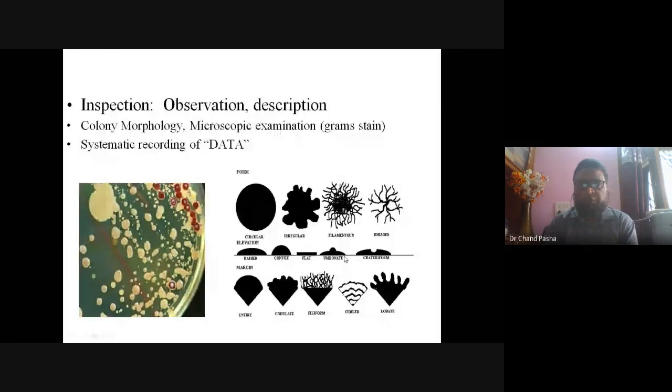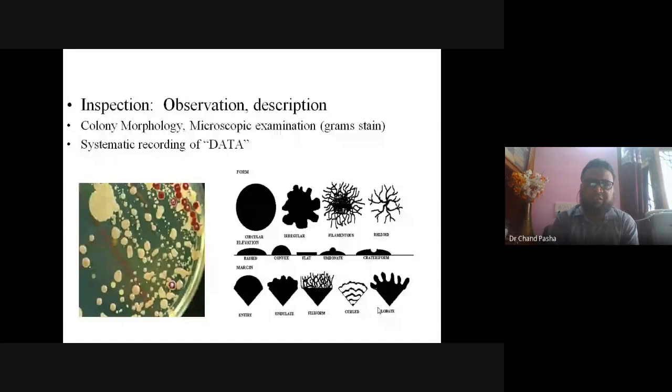Generally, your E. coli will be convex form, and your Bacillus will be flat form. At the top, these are filiform, this is curled, and this is lobate. All these things we can observe in the plates in the microbiology laboratory.